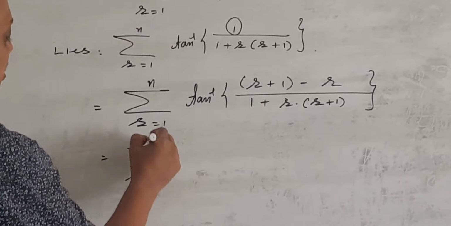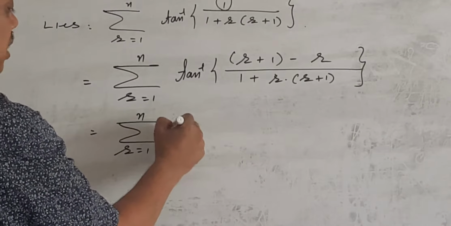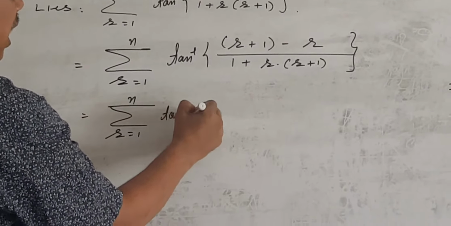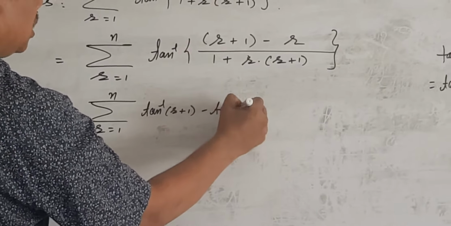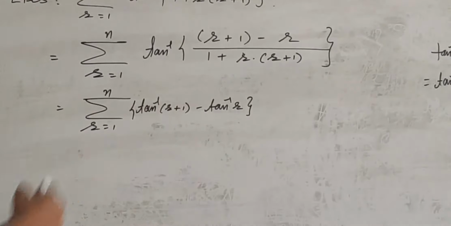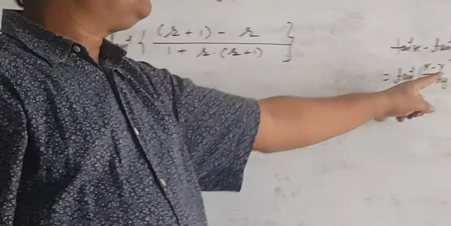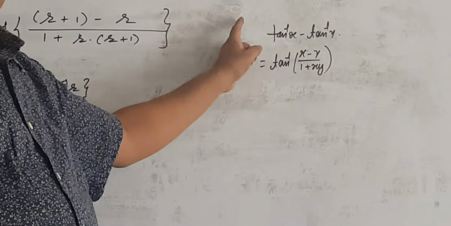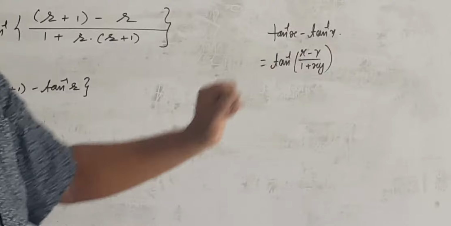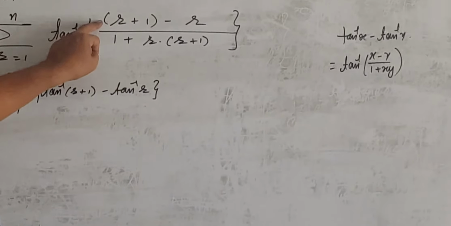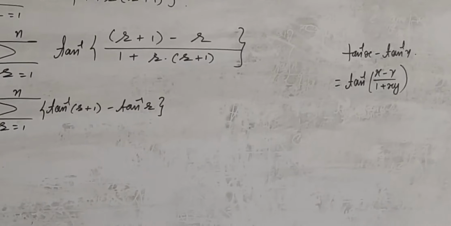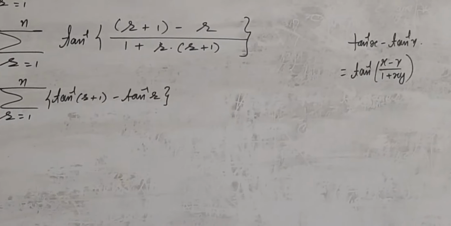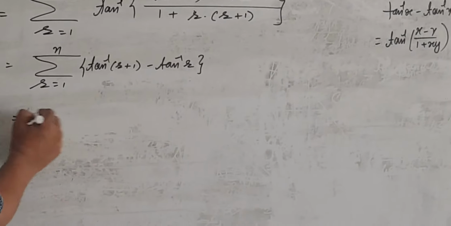Sigma as it is, r is 1 to n, tan inverse (r plus 1) minus tan inverse r. Is that clear? Tan inverse (x minus y) upon (1 plus xy) is tan inverse x minus tan inverse y. But here x is what? R plus 1. Y is what? R. Is that okay?